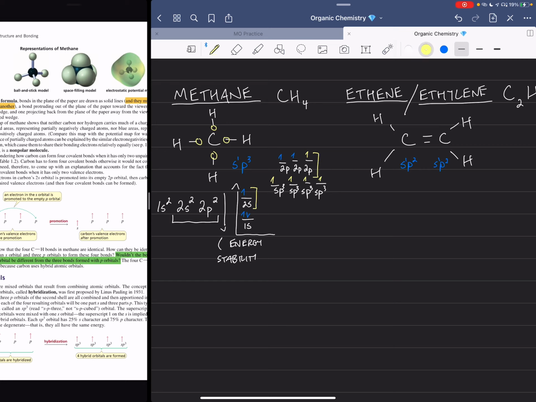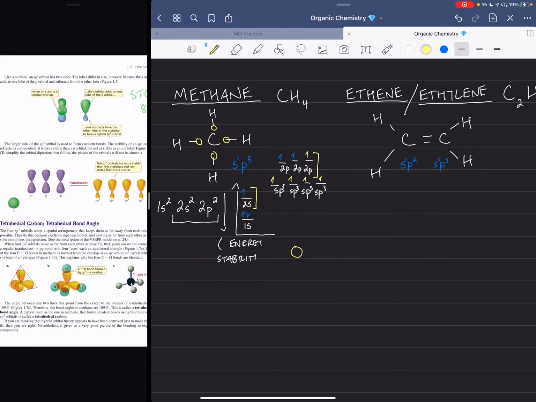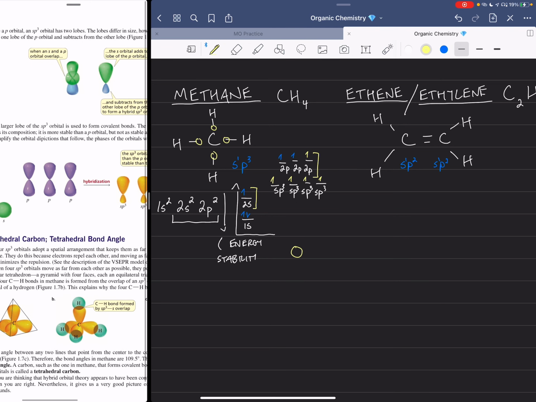And what an sp3 orbital looks like is that when an s and a p overlap, when this s comes here, the result is something like this.